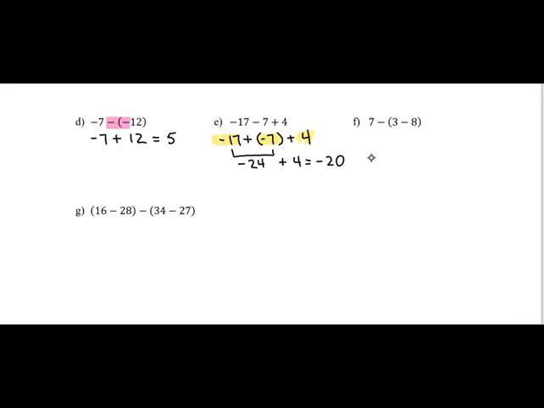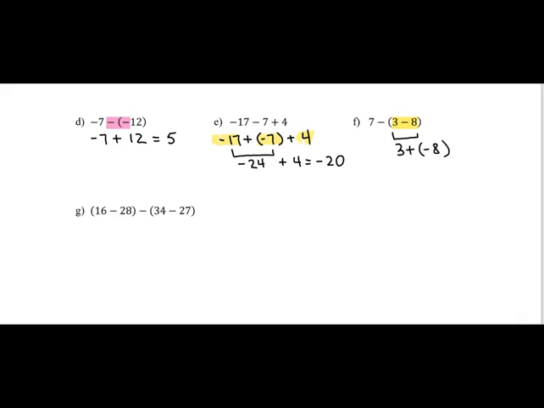The next problem will have you do the order of operations. So we're going to do what's in parentheses first, and then we will do the subtraction. So first thing that we're going to do is we're going to work on 3 minus 8. We're going to turn that into the addition problem. So it is 3 plus -8.